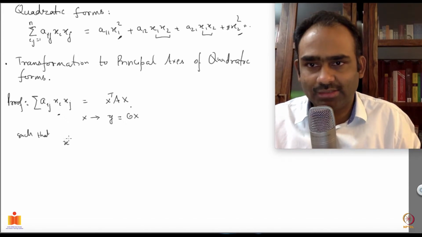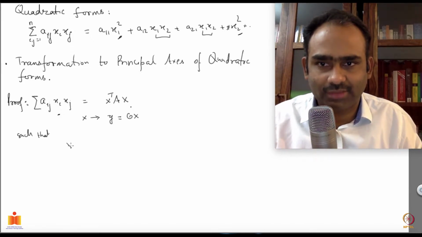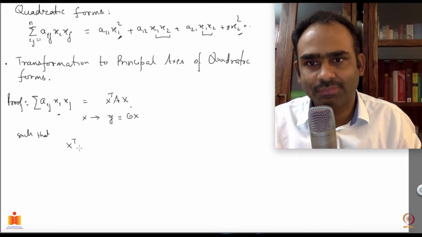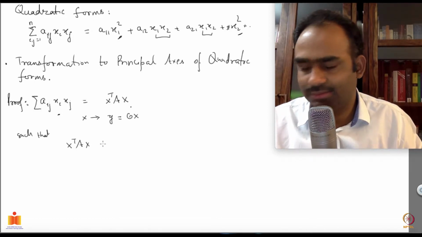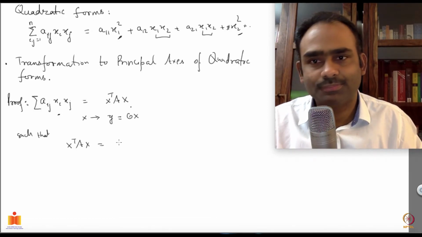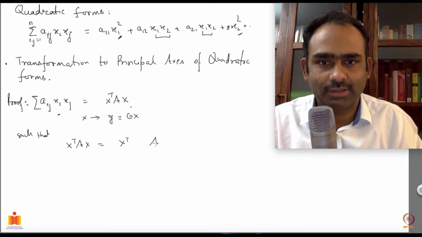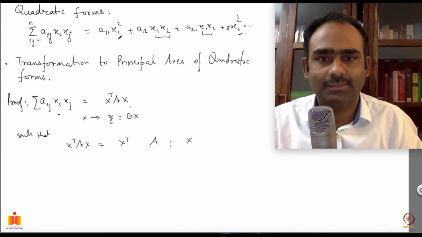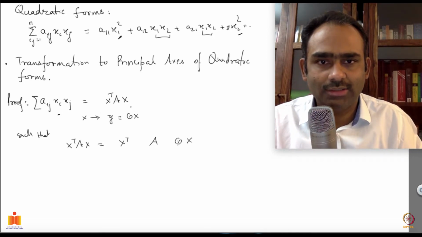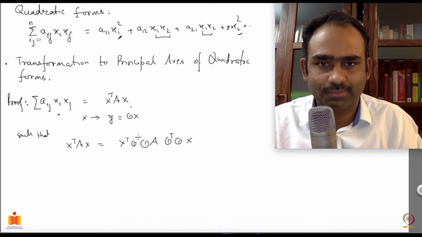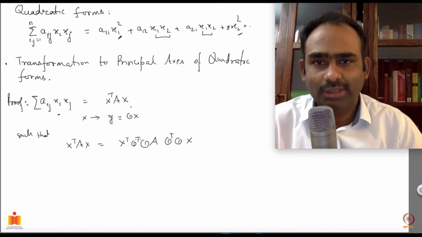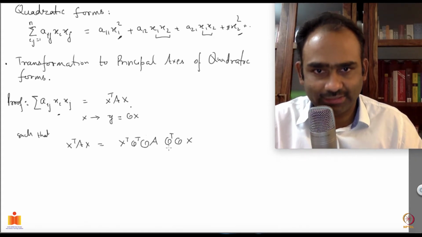So I can write x, not small x but x transpose A x, is equal to x transpose, here is our A, here is our x, and I want to put O here, O transpose here, O transpose. Where O is an orthogonal matrix, so O transpose O is identity.